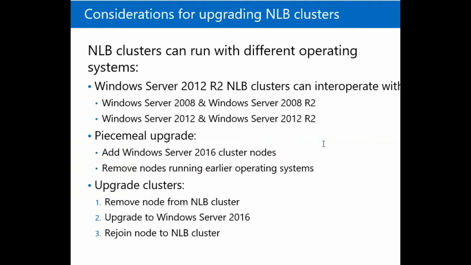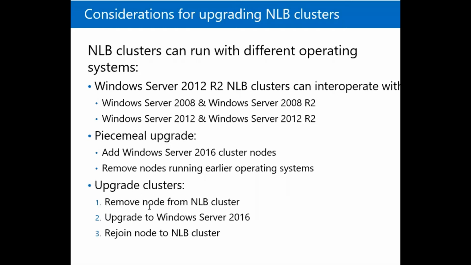Now NLB clusters can run with different operating systems. Windows Server 2012 R2 NLB clusters can interoperate with Windows Server 2008 and 2008 R2, 2012 and 2012 R2. Piecemeal upgrade: add Windows Server 2016 cluster nodes, remove nodes running earlier operating systems. If you want to upgrade, you simply need to add the new one and remove the earlier one.